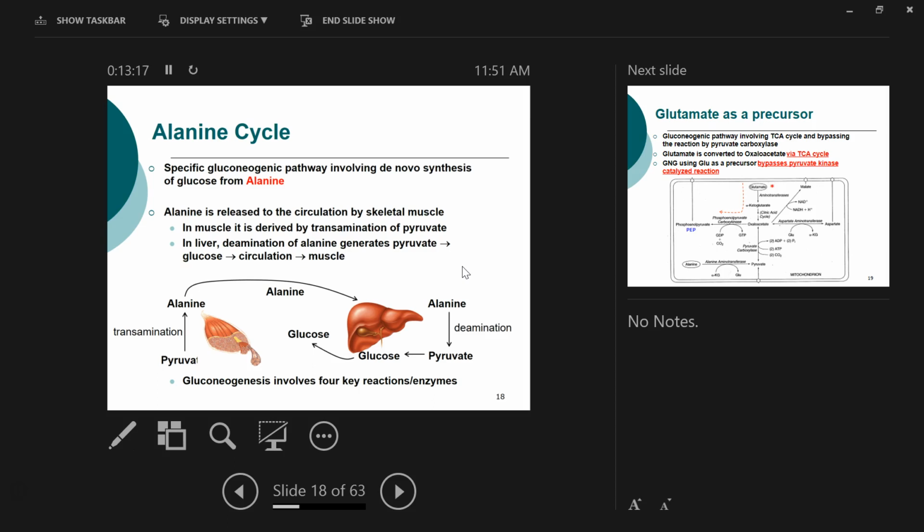Of course, transamination and deamination also occur in these two tissues, right? And similarly, the purpose of the alanine cycle is to provide glucose through gluconeogenesis, with alanine as the precursor.